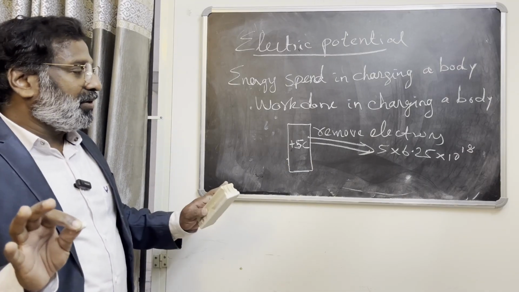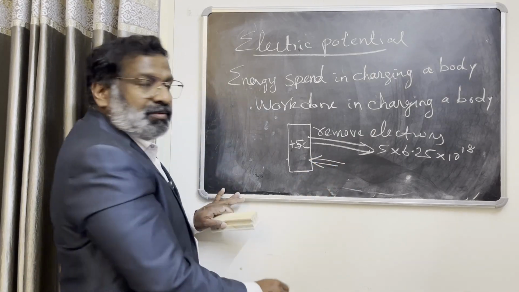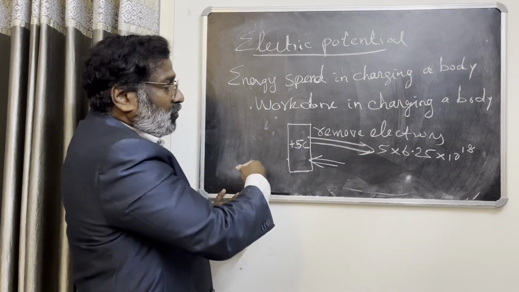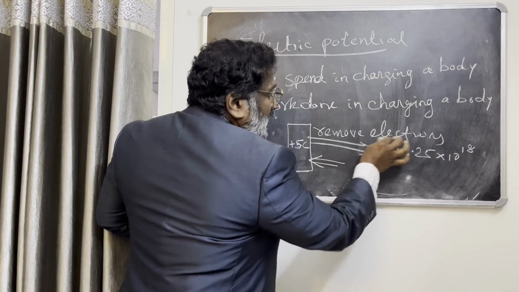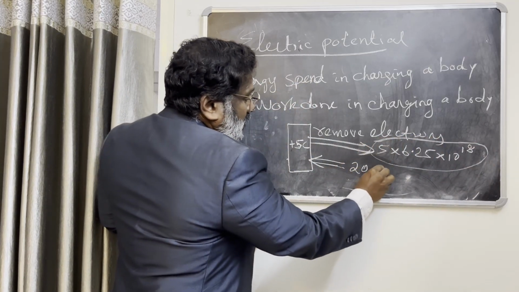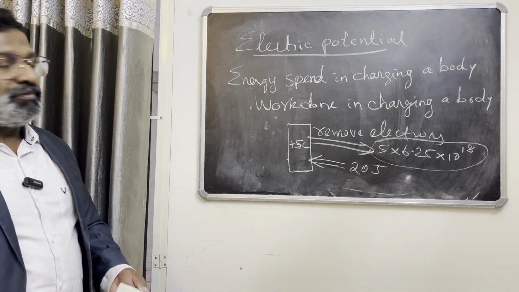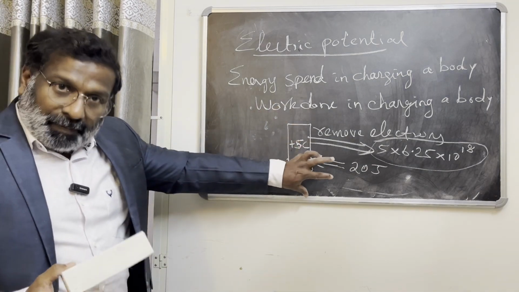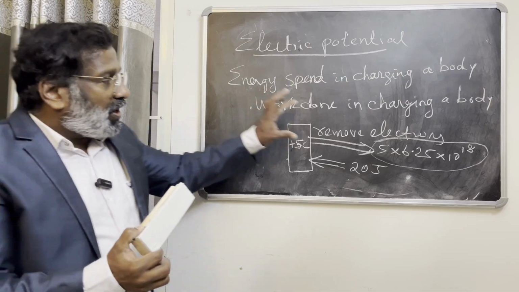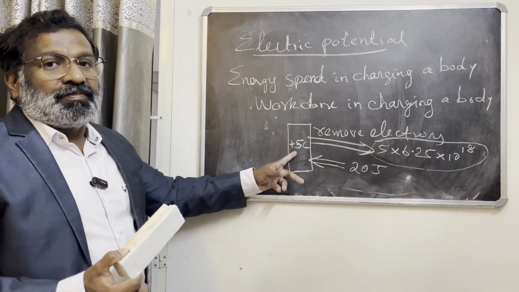Say for example, the energy which I have spent in removing this many electrons is 20 joules. So I have applied 20 joules for removing this many electrons to charge it to 5 coulomb.